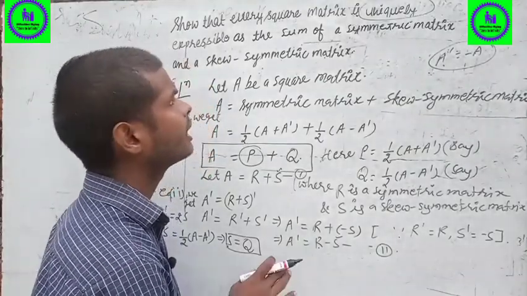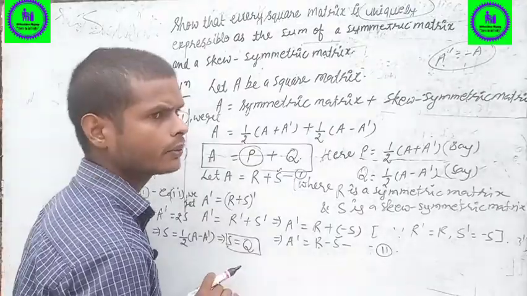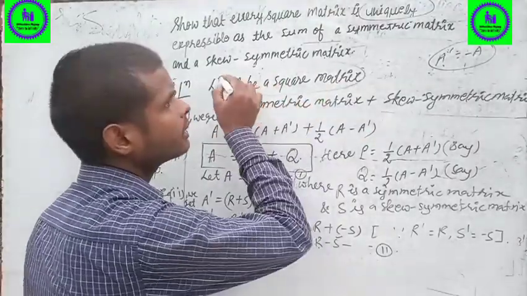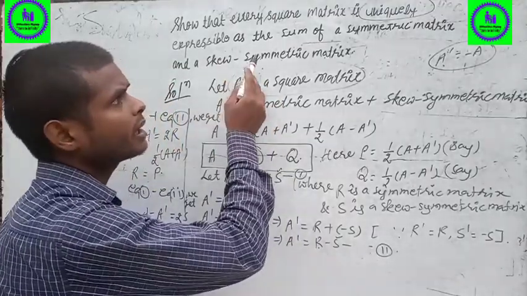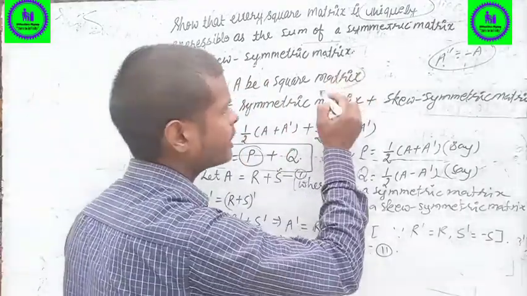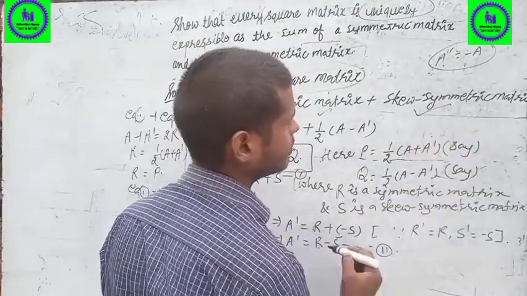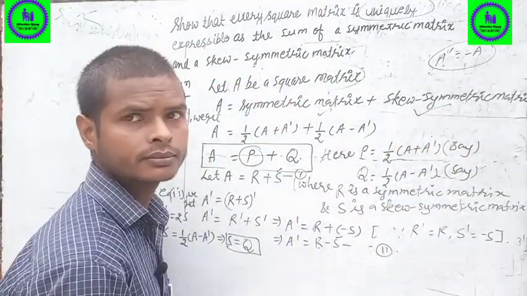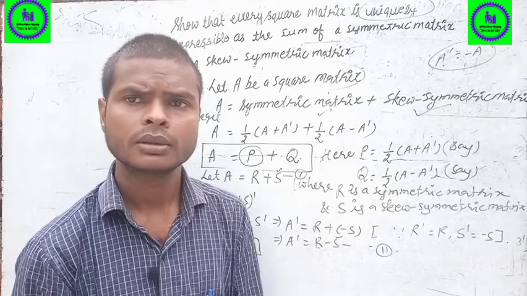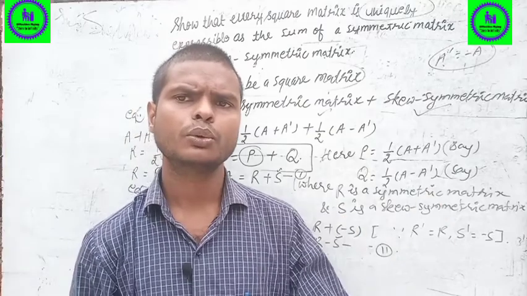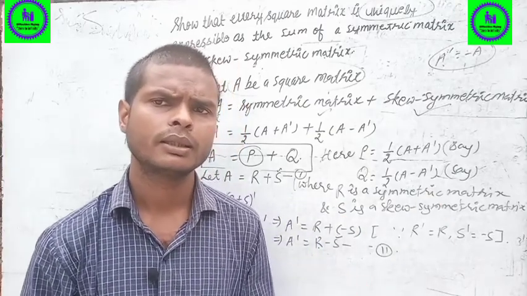Hence, the given problem is true. It means a square matrix is uniquely expressible as the sum of a symmetric matrix and a skew symmetric matrix. Understood? In this way, we have to prove all the questions which are given in this format.